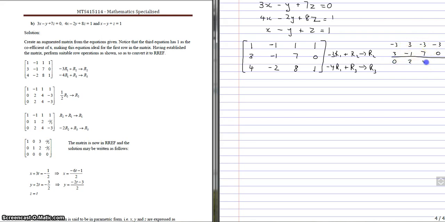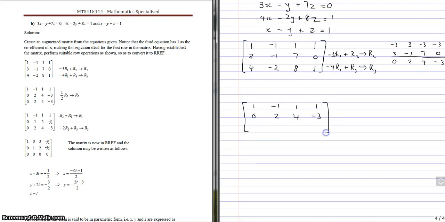Negative 3 plus 7 is 4. And negative 3. So this is our new row 2. I'll just put it down here. We've still got 1, negative 1, 1 and 1. Now we have 0, 2, 4 and negative 3.